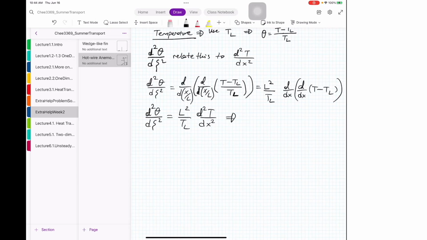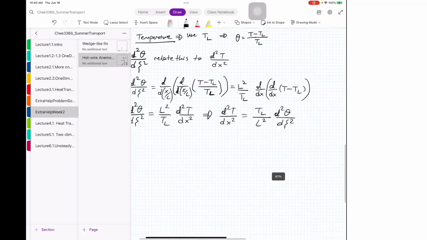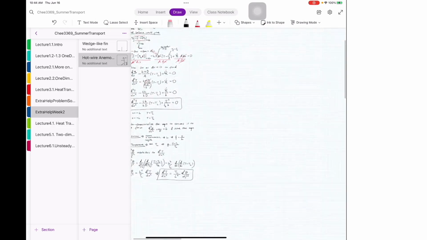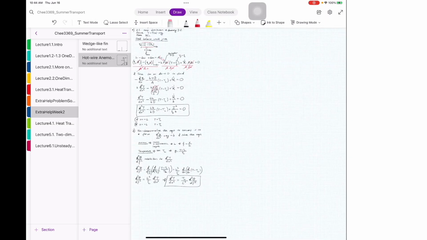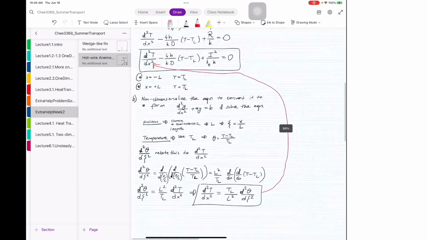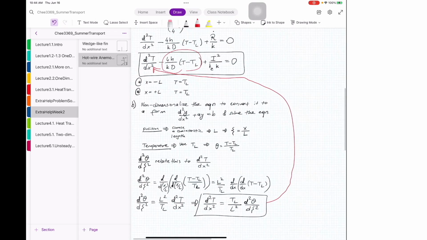Or you can write it the other way around: d squared T over dx squared is equal to TL over L squared times d squared theta over d psi squared. Now I can place this in this equation.